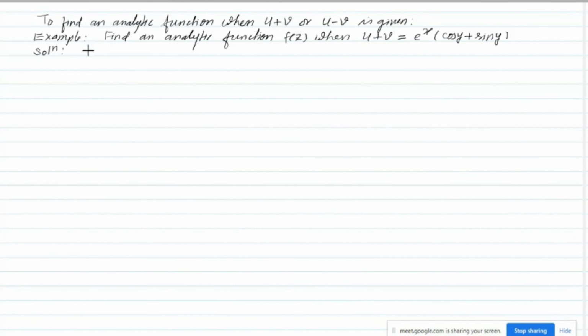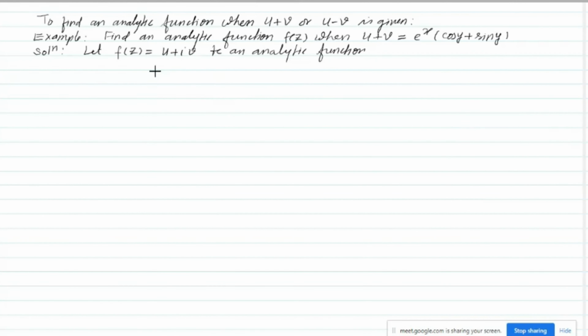Okay, so we first write down, let f of z equal to u plus iv be an analytic function. Here we assume that f of z equal to u plus iv is an analytic function.